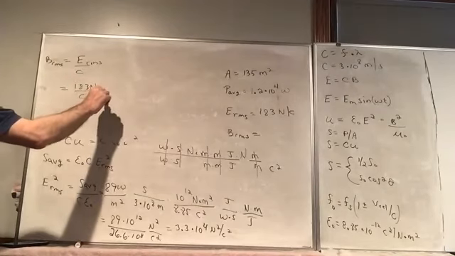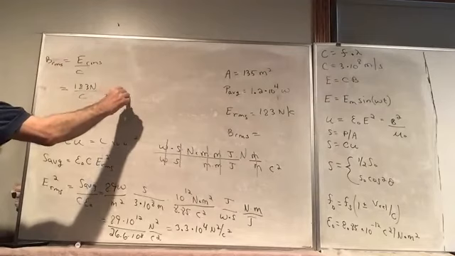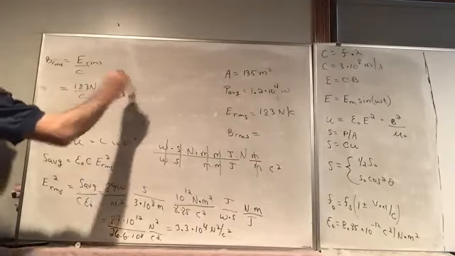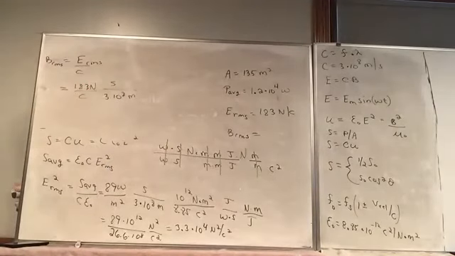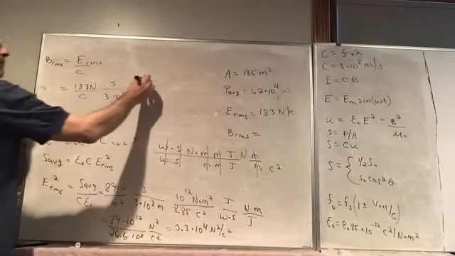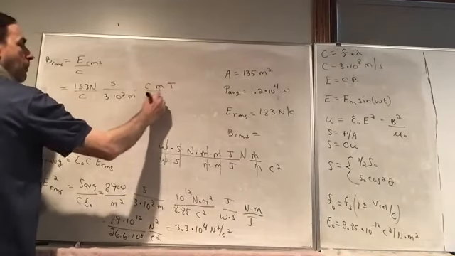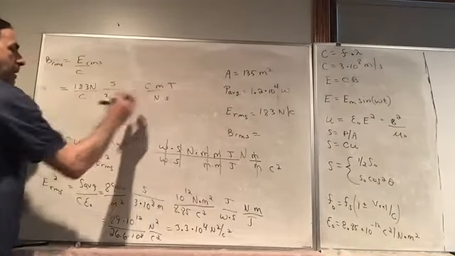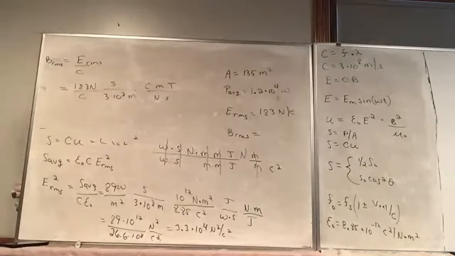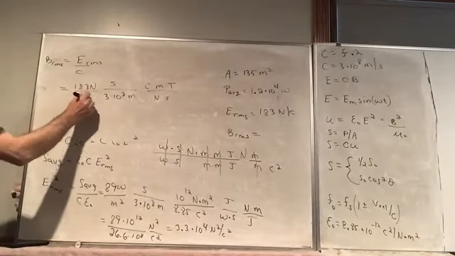Speed of light, 3 times 10 to the 8th meters per second. And we want to get Tesla. So we throw in a conversion factor: a Tesla is a Newton times a second per Coulomb meter. And now let's just cross off. This might actually work.